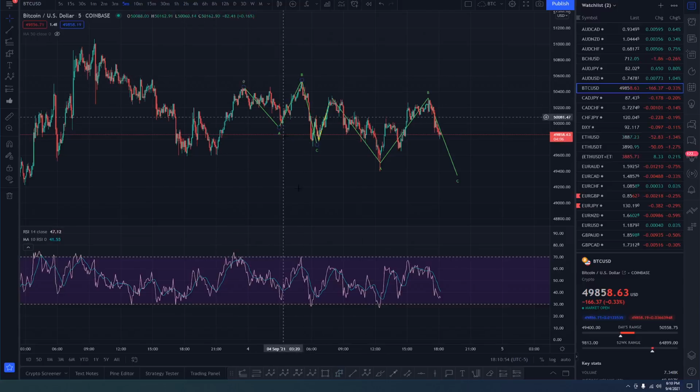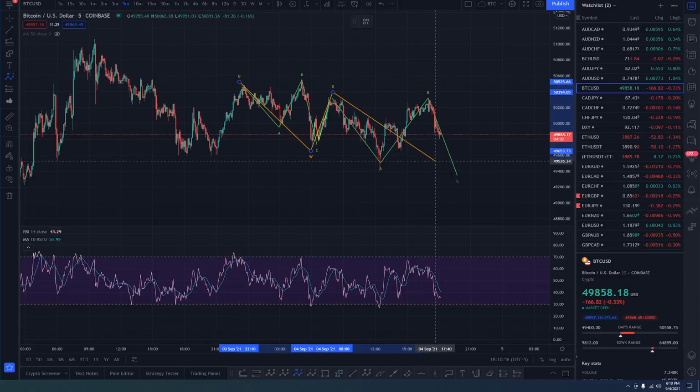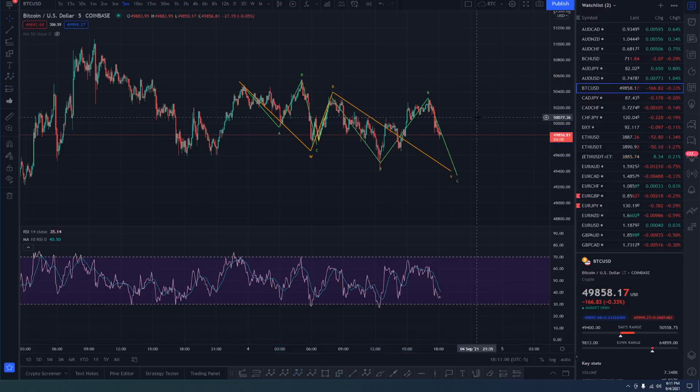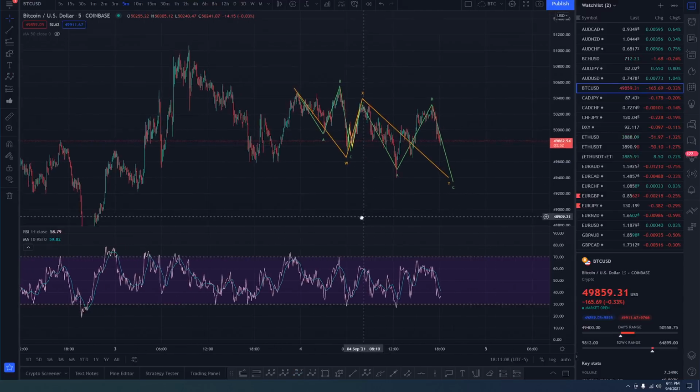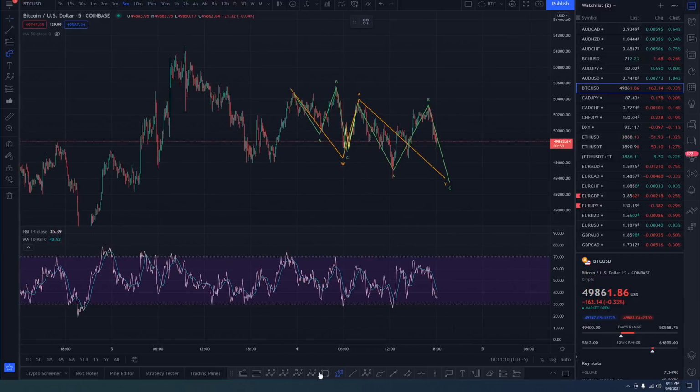And that becomes a double correction, WXY. All right, and then if that happens, the count is still W, X, and then Y. Still looking for that.